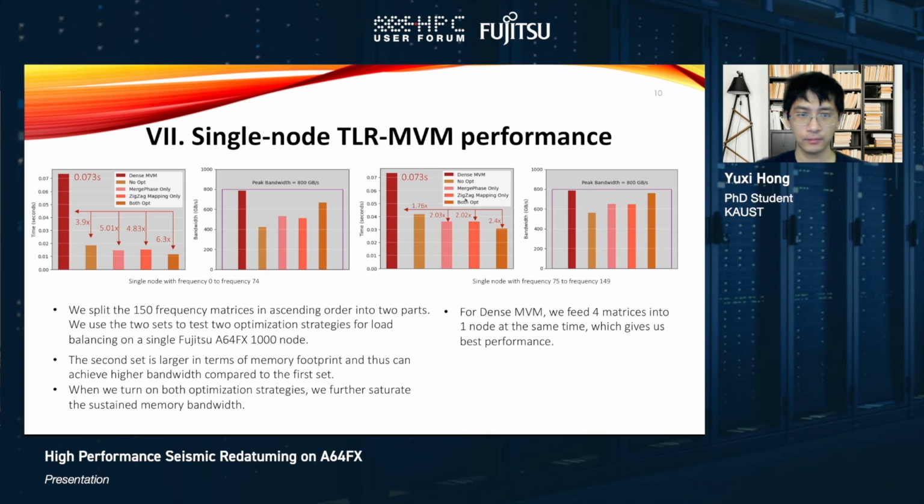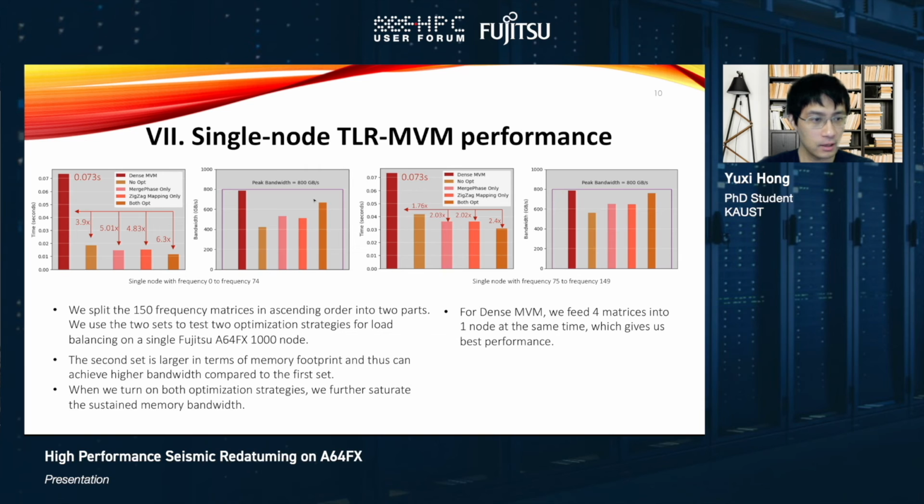For the dense NVM, we use scalable parallel NVM and map each MPI process to one core memory group. And let's look at the single node TR NVM performance. Since the 150 frequency matrix is too large to fit inside the 32 gigabytes memory, we split our dataset into two parts.